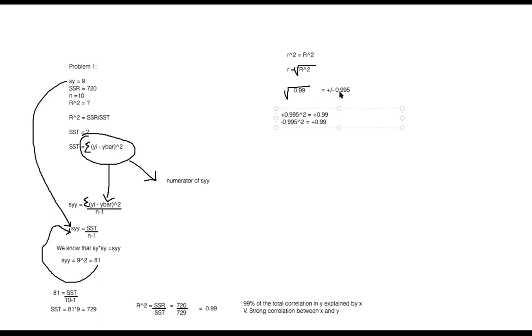So in this case, we know that we have a very strong correlation between X and Y. And we know that Pearson's R value is either positive 0.995 or negative 0.995, but we don't know which one it is. Because remember, there are three things that tell us whether we have a positive or a negative correlation.